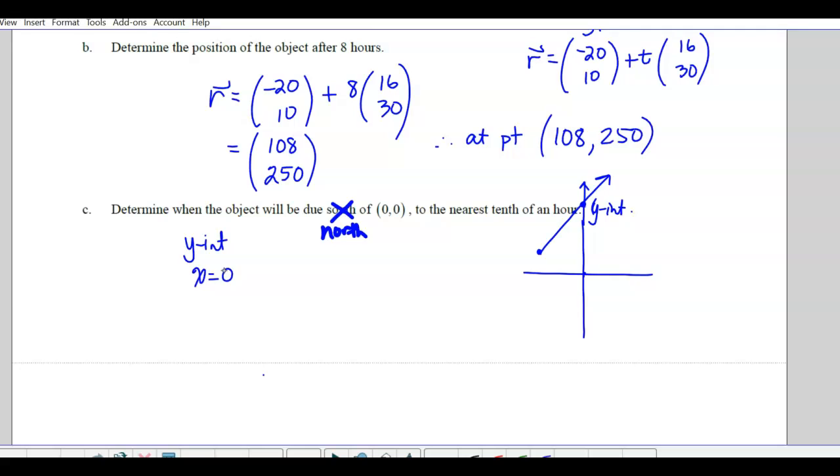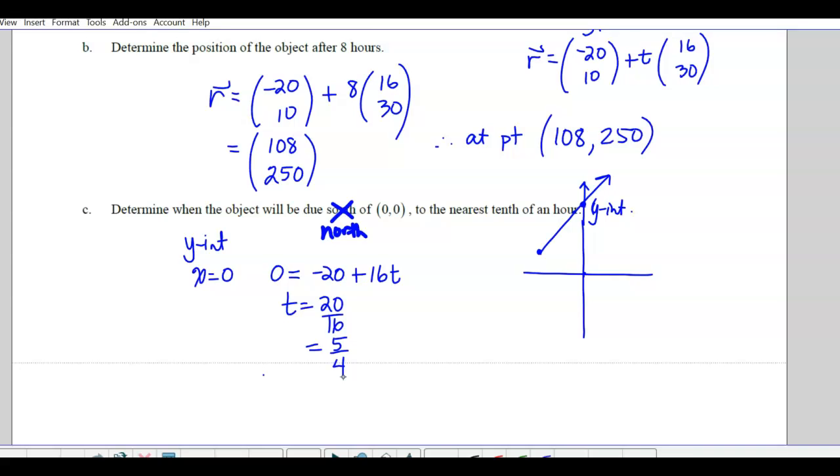So from our parametric equations, we'll have 0 equals -20 plus 16t, and then solve that. And that's going to be 5 over 4. Doesn't say what point, but it says what's t, what's the time when it does reach that.